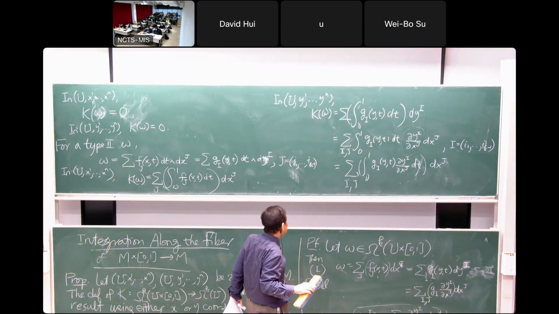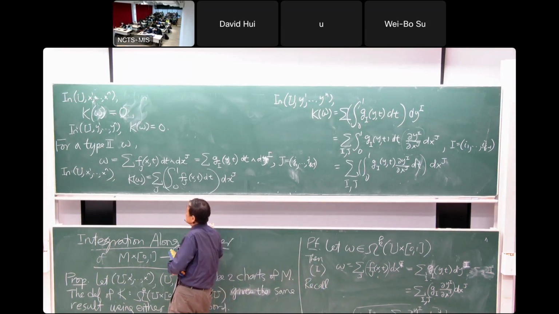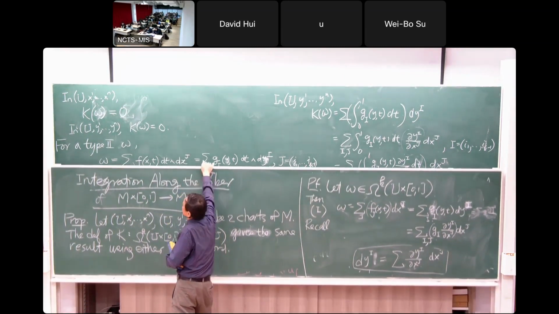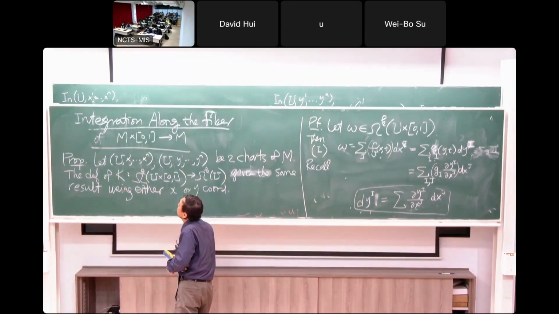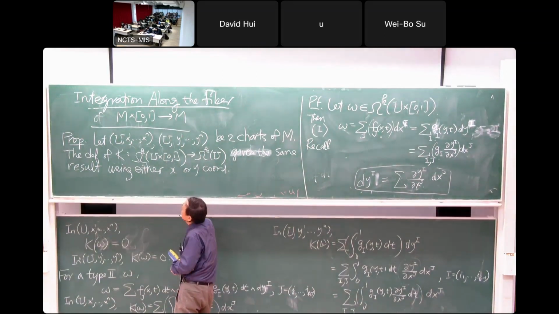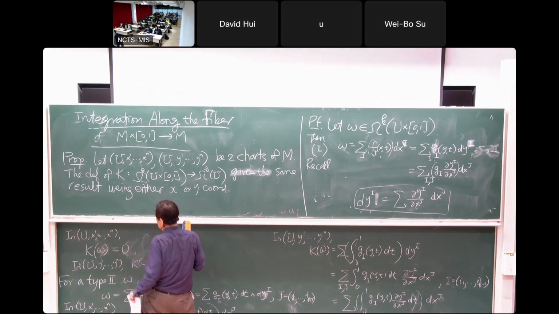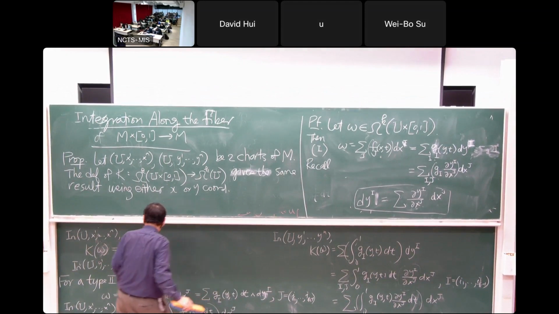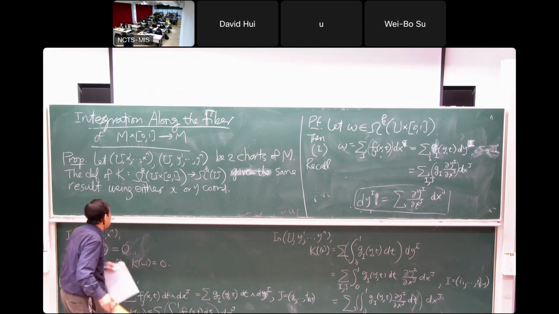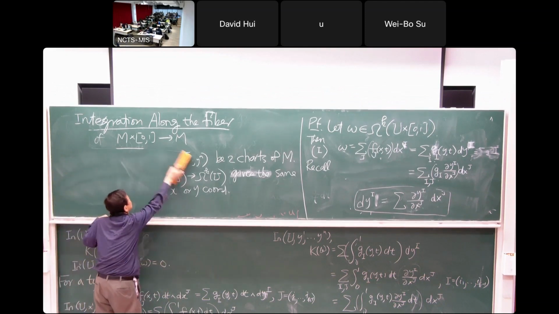What should I keep? Yeah, let's start over here. Okay, type 2 is down there, and I want to relate the coefficients in the two coordinate systems.